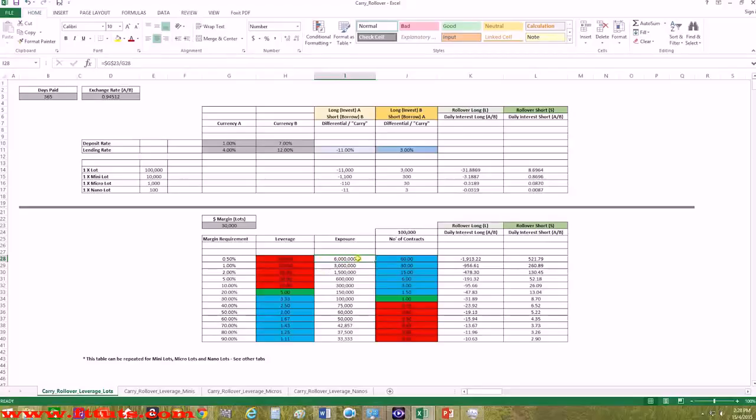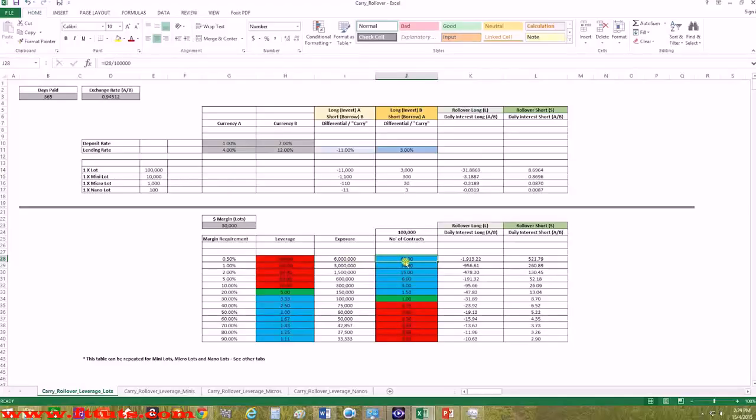This gives us the maximum exposure level that the broker is offering, or if we decided to take the whole lot. We assume that we're trading lots here. So that is equivalent to 100 lots. We're looking at this number here, the 6 million, divided by 100,000.